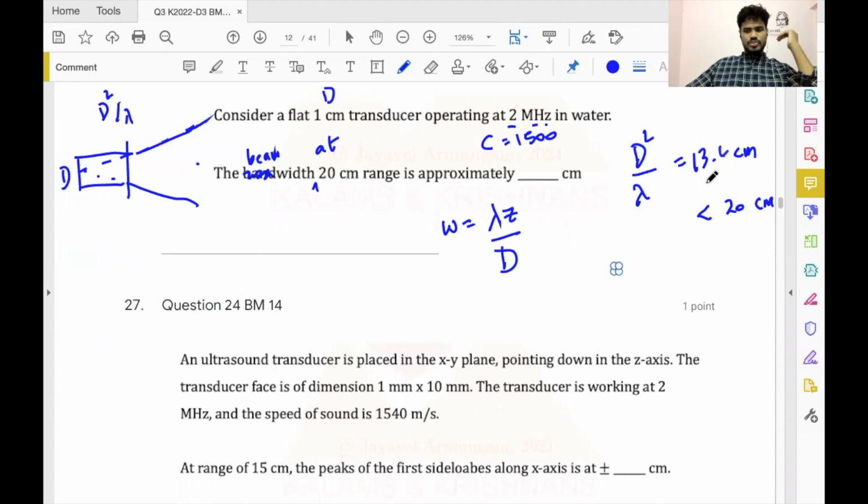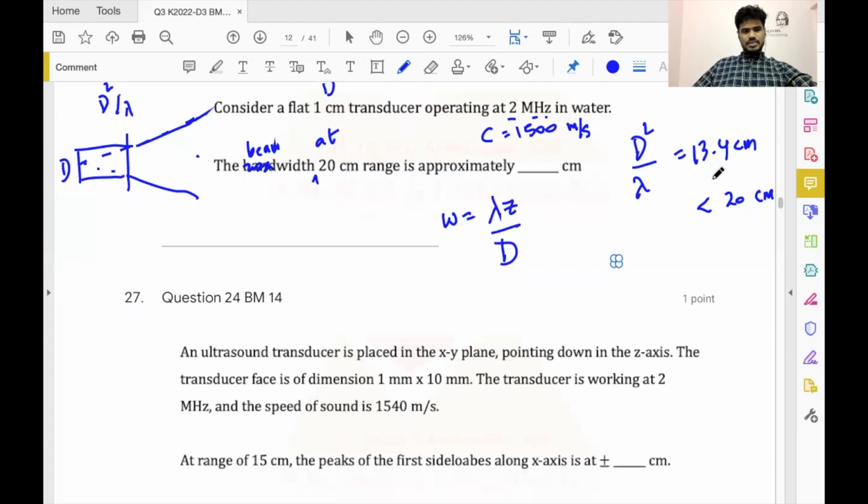So 13.4 centimeters. Simplest is to convert distance to centimeters. This is in hertz, so 10 to the power 6 per second will cancel. So just convert this into centimeters, two more zeros, and then calculate this.